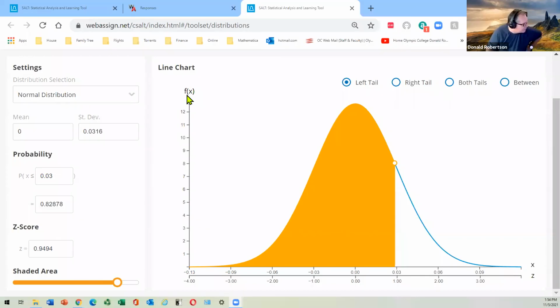You said 0.03 for the difference, and then the standard deviation was 0.0316. Okay, so the answer I'm looking at, can you see this now? Yes. So the point I'm looking for is 0, because the difference is 0. That's the standard error, I'm assuming that's correct, and that's the 0.03. So the answer you're trying to find is this area.